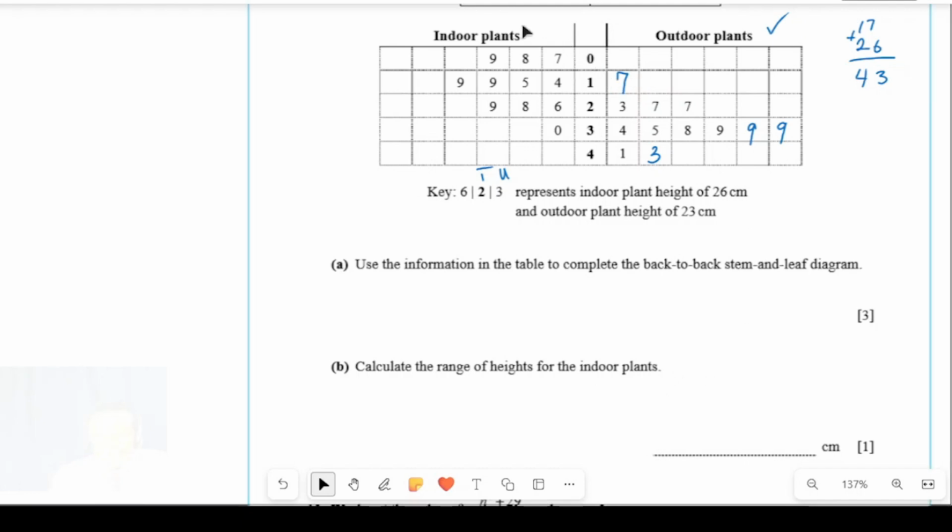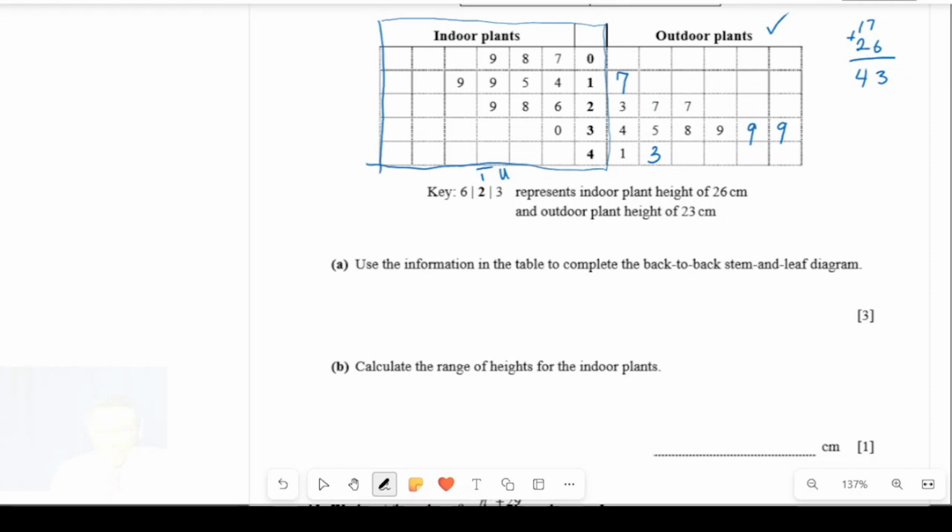Indoor plant is this information here. So from this point to this point, this information about the indoor plant. Okay, what is the range?